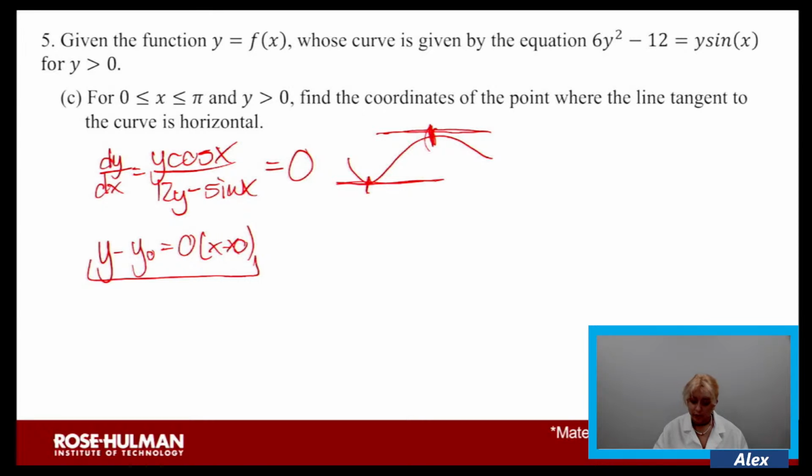So to find one of those points, we could plug in numbers over here to find where that equals 0, but that's not going to be super helpful since we have two variables to consider. So what we do then is we have to find where it changes from a negative slope to a positive slope, or from a positive slope to a negative slope.